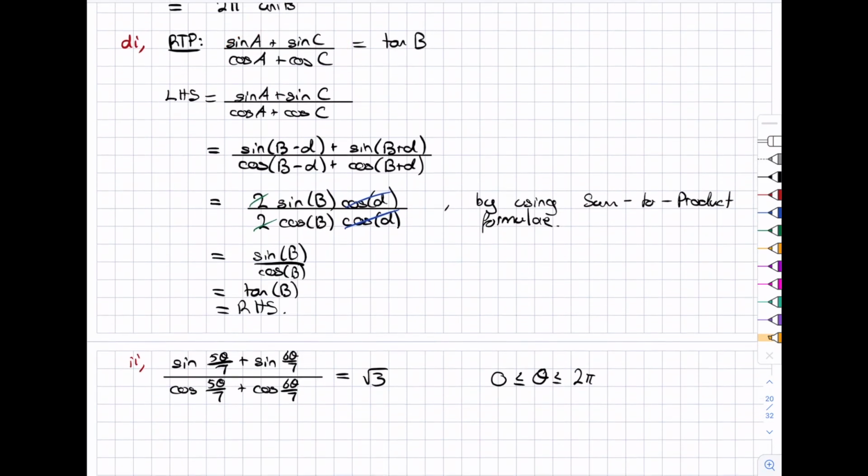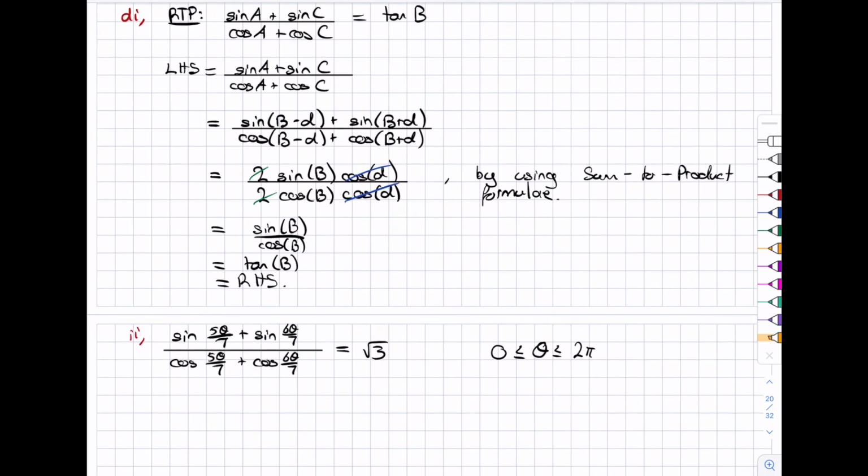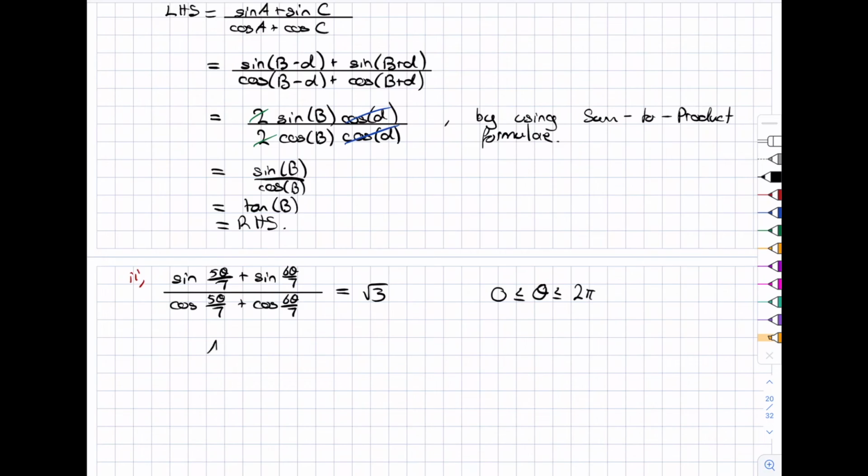Okay, and so I'm going to try to work out what b is using the fact that I know that a is going to be this and c is going to be this. Okay, so I know that a is 5 theta on 7, which means that b minus d is 5 theta on 7, and c is 6 theta on 7, which means that b plus d is 6 theta on 7.